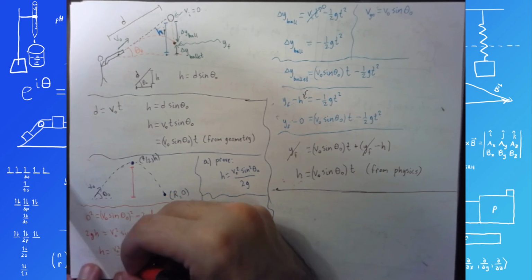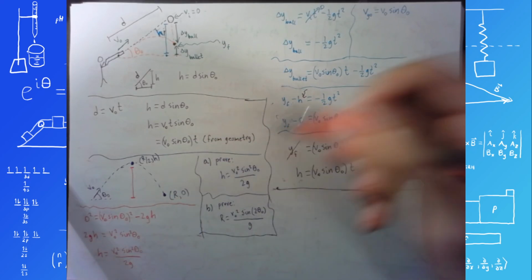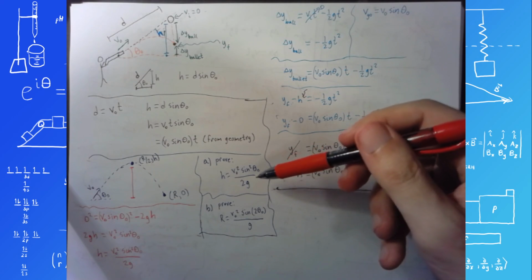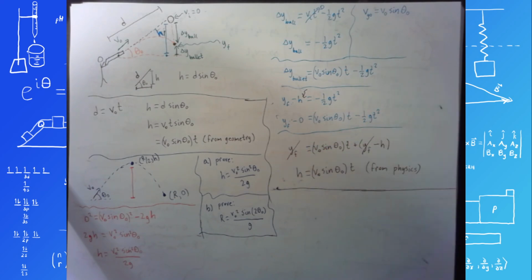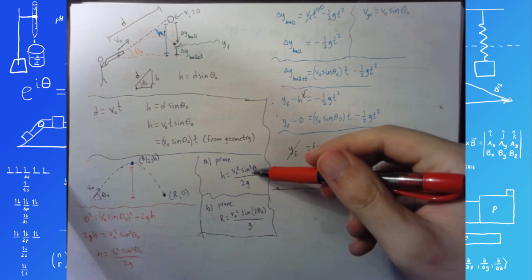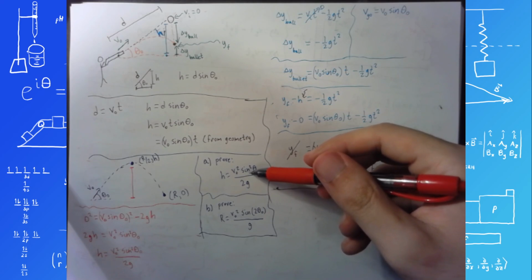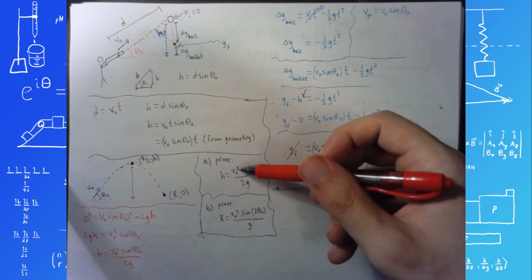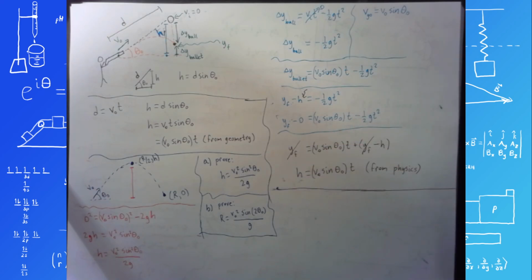The nice thing about these proof problems compared to expression problems is that you actually know what you're supposed to get. So my advice for proof problems is look at the thing you're supposed to get, and that will often give you clues on what to try. I see a v0 squared, for example, so that might guide your thinking towards using the third equation of kinematics, since it has the squared velocities in it.